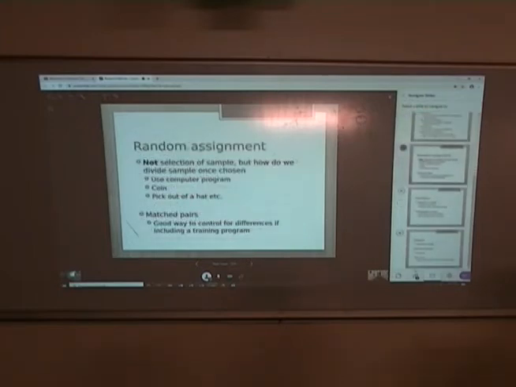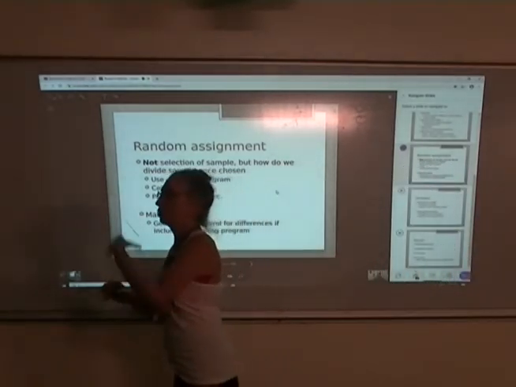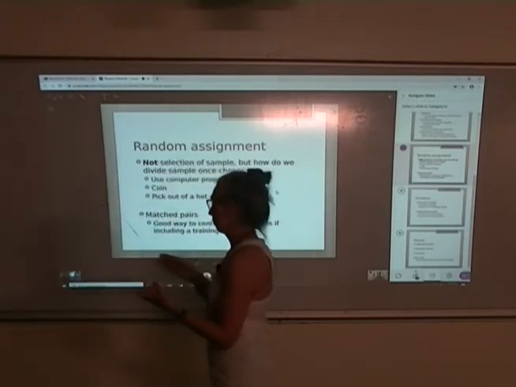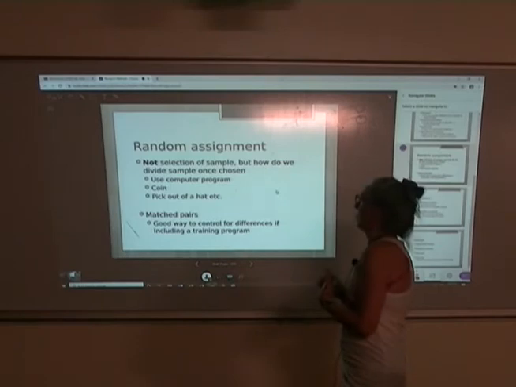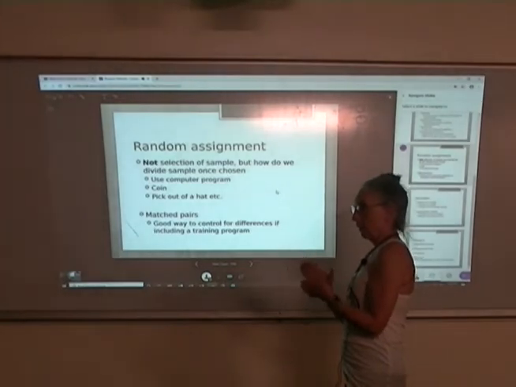Here, I'm talking about random assignment into groups. Once I've got my sample, how do I put them into group A, group B, group C? The best way of doing that is randomly, okay?